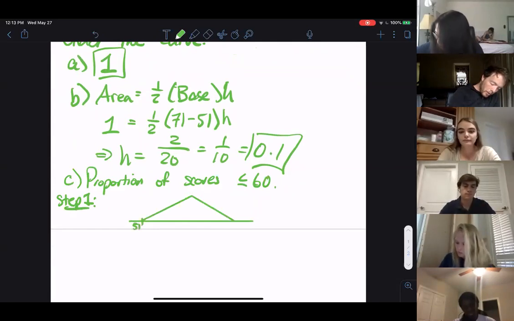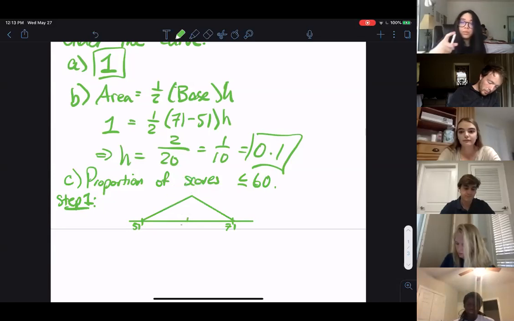This is 51, this is 71, this is 61. And I want to know here is 60. I want to know what the area of this right here is.